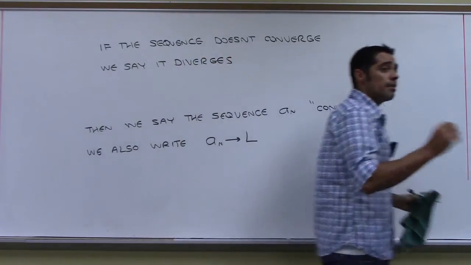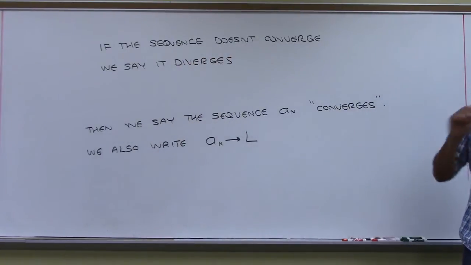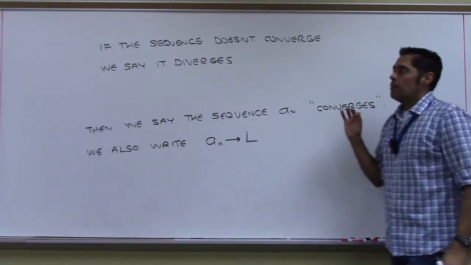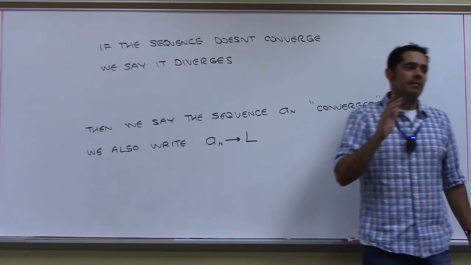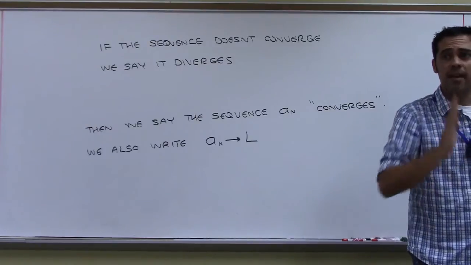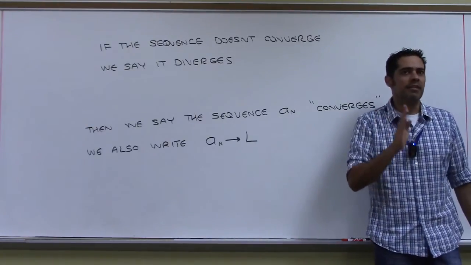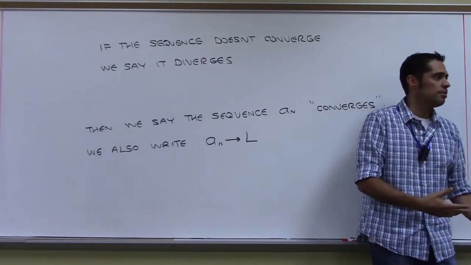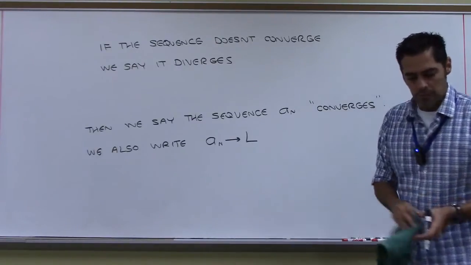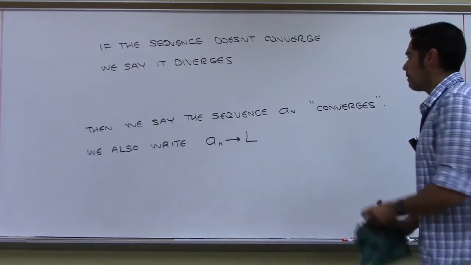This is an important concept. It's subtle, but it's important. We are not saying that the sequence must go to infinity or negative infinity to diverge. We are just saying that if it doesn't converge, then it diverges.